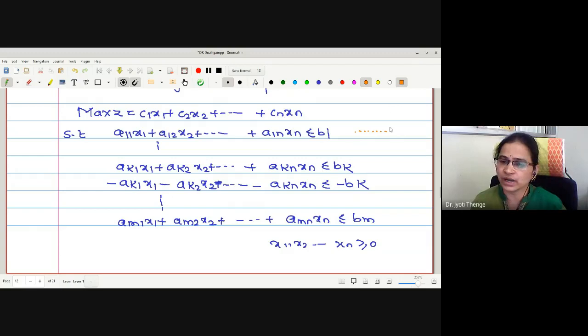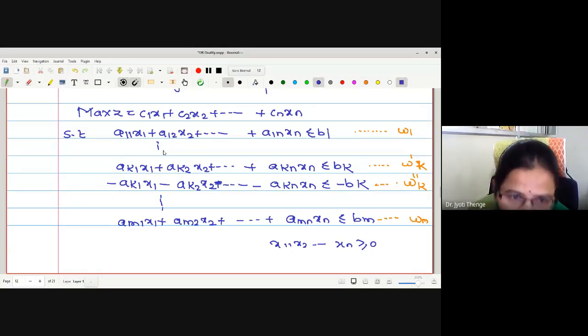Therefore for the first constraint let us write the variable w1. For the kth, the first part of the kth constraint, I will use the variable wk dash. The second part of the kth constraint I will use the dual variable wk double dash, and for the last one I will use the variable wm. Is it fine?